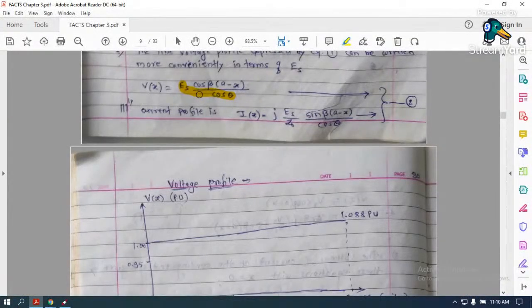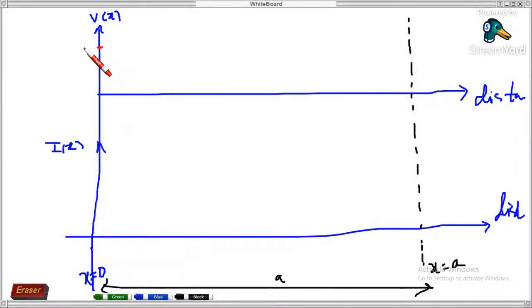Put x as 0. What will come? Cos beta A, with x equal to 0, means what? Beta into A. Beta into A is theta. Cos theta will get cancelled out with each other. The remaining term is ES. Right? We are getting here ES.